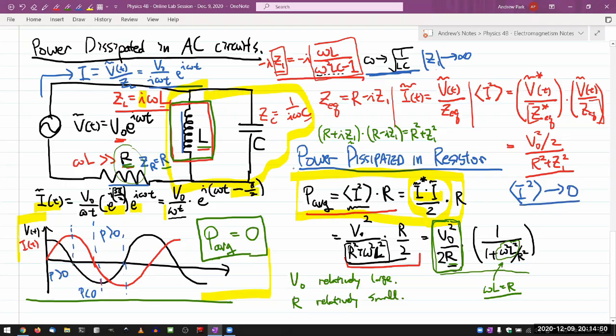Meaning, when I do this power dissipated in the resistor calculation and multiply it by resistance, this is going to be vanishingly small. There will be much less current flowing through the resistor, and very little power will be wasted in the resistor here.